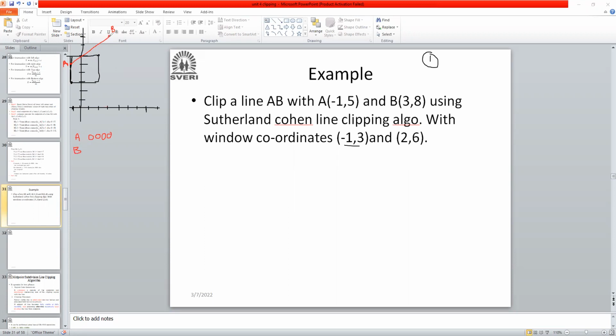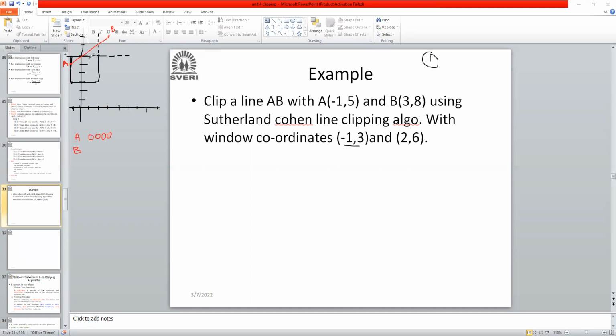What is the relation of B with the window? Can you tell me what is the relation between window and B? So I will extend this.